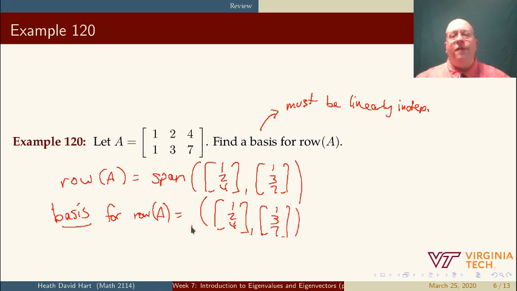The basis does not include the word span. Span takes these vectors and adds to the set all of the possible linear combinations we can form, and that's what creates a subspace. It's not a basis anymore once you write the word span.